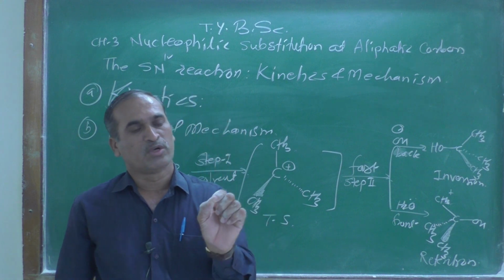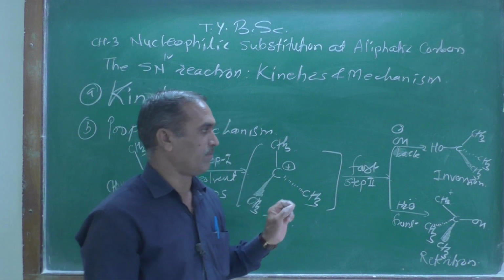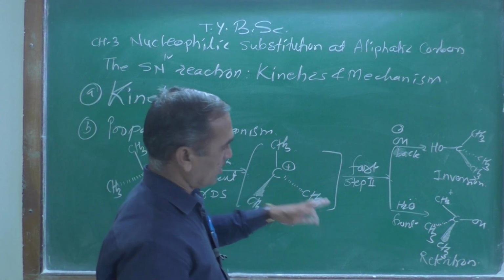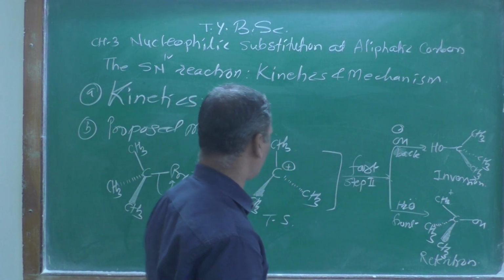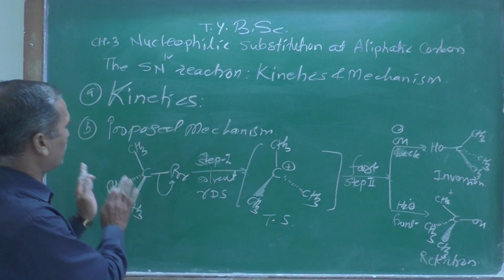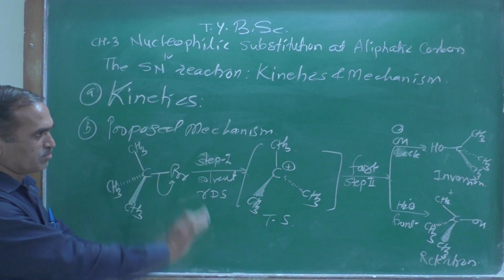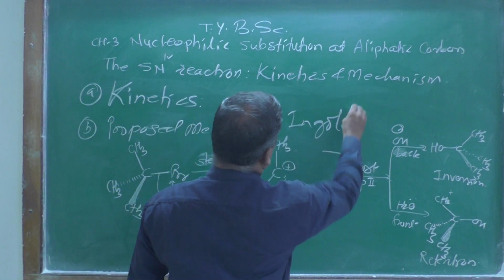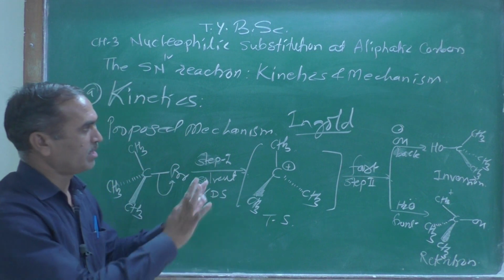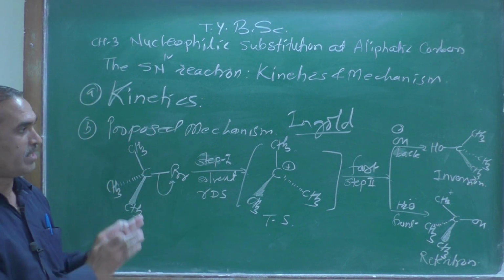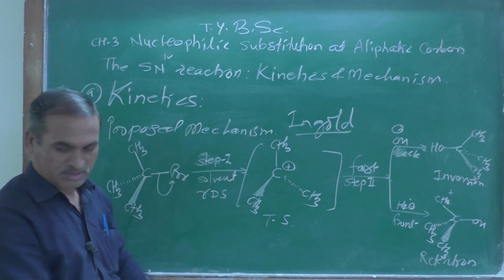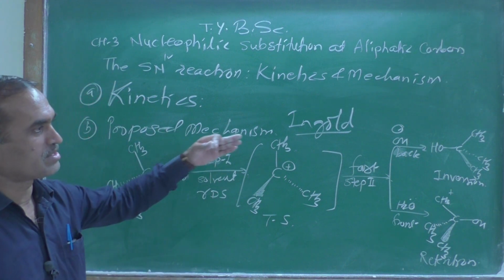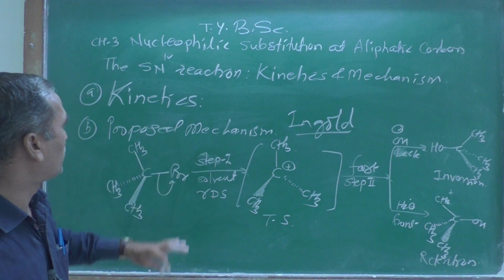A polarimeter is used to determine the optical activity of the organic compound. Now look at these products we are getting. This is the mechanism proposed by Ingold. Ingold is the scientist's name. He proposed this mechanism, and that's why the name is given. He studied thoroughly and then gave these conclusions, an explanation about this.